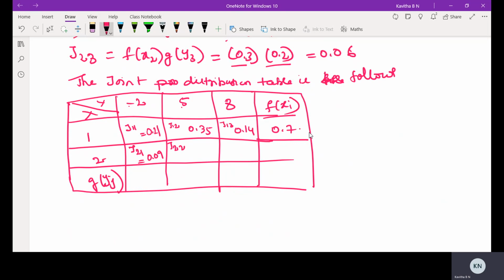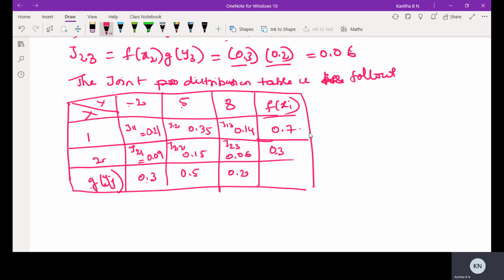J22 is 0.15. J23 is 0.06. Okay, f of x2 is 0.3, and g of yj is 0.3, 0.5 and 0.2.